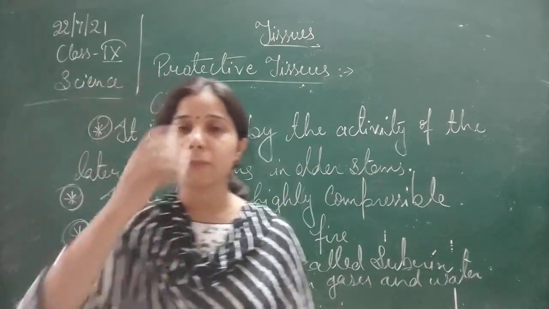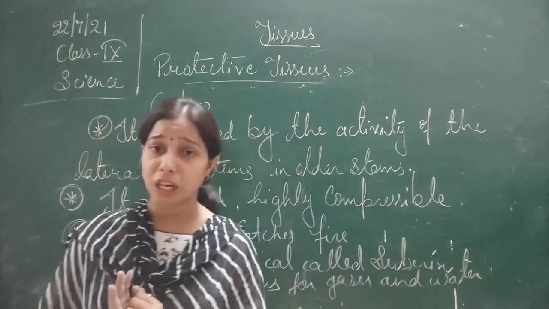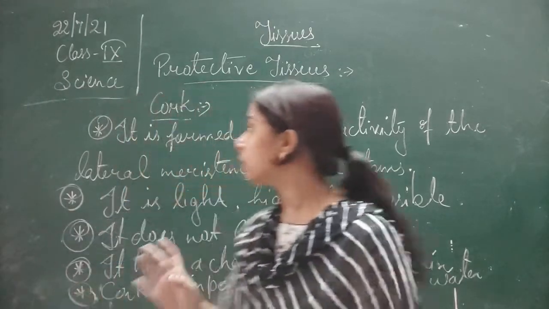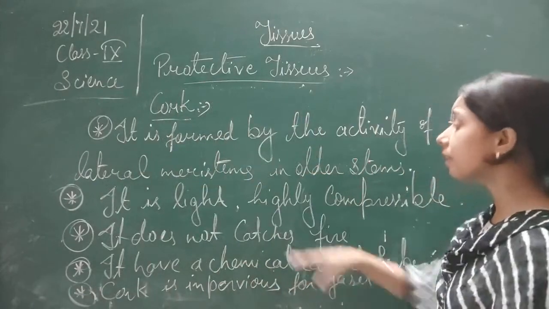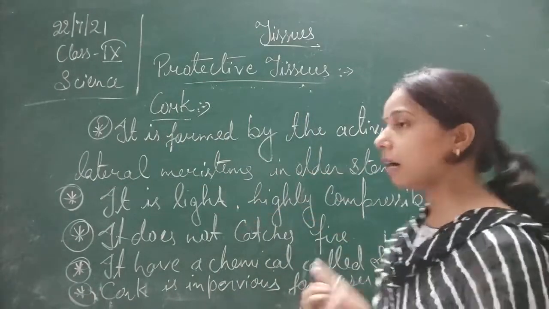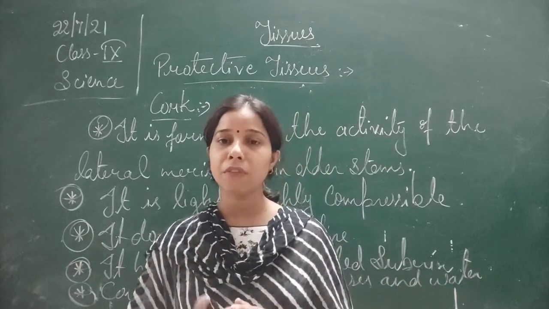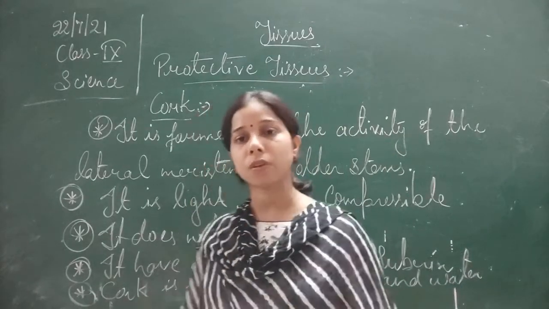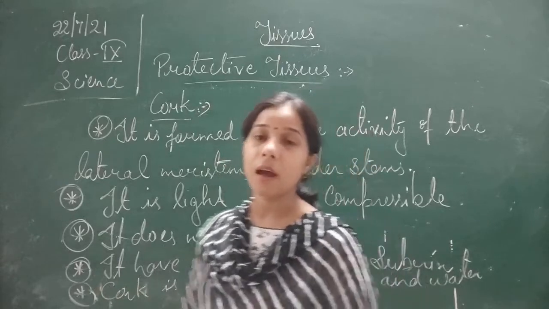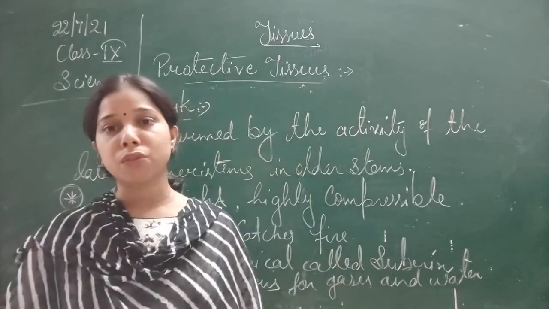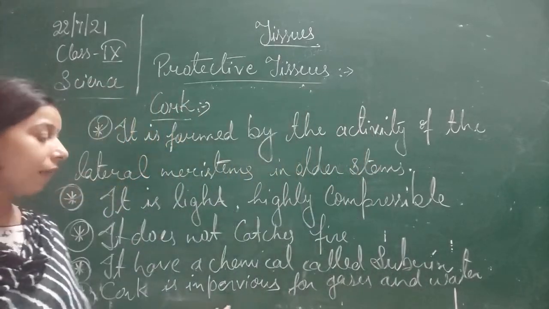So cork is also a kind of protective tissue, students. These cork layers are generally present at the lateral meristem in the older stem. They are light as well as highly compressible. When you see the cell, you will find there is a chemical substance present on the cork, which is called suberin. And because of the presence of suberin, you will find it is impervious.